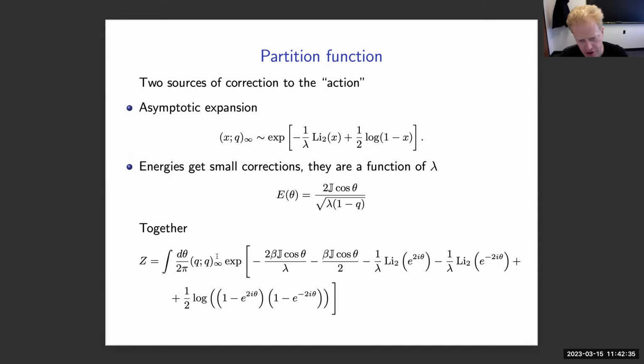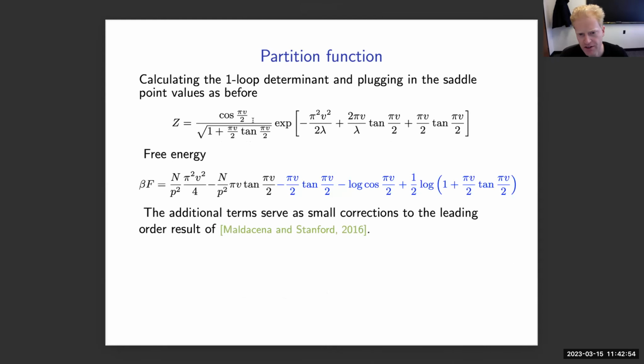So the partition function is still this integral. These are the three terms that we had before, the 1 over lambda, and now we have this correction from the energy and this log. But this is still the same. We just use the same saddle point and plug it back and calculate the one loop determinant. So we use the one loop determinant and the saddle point and plug it back into the partition function, and we get this value.